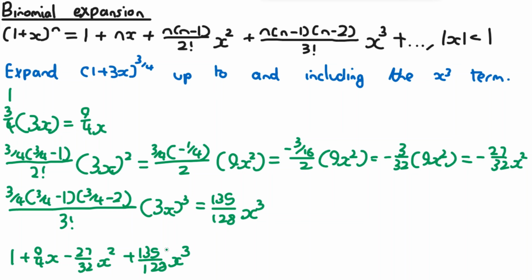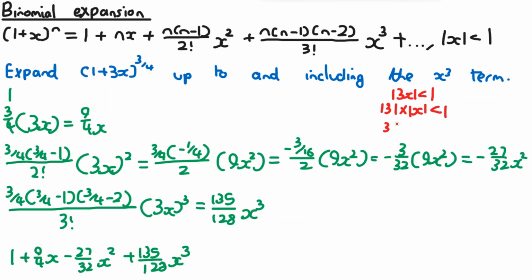Now there's one other difference when there is a coefficient in front of x: with the value of x that we have here, we also have to sub this in to get the set of values that we can use. So we're going to sub in the modulus of 3x is less than 1, and we can rearrange this by just timesing it together. This is 3x, it's the modulus of 3 times the modulus of x is less than 1.